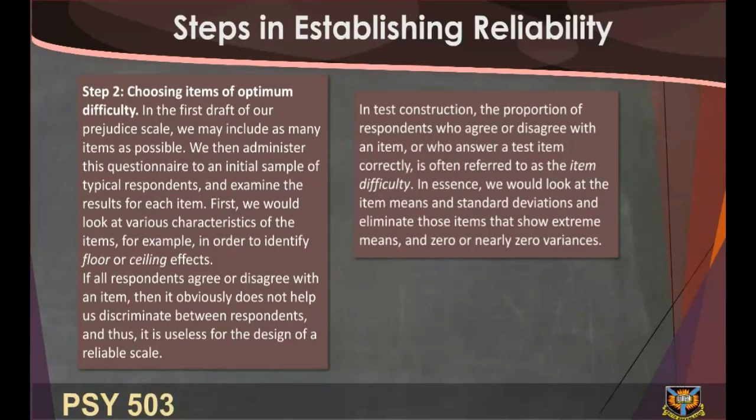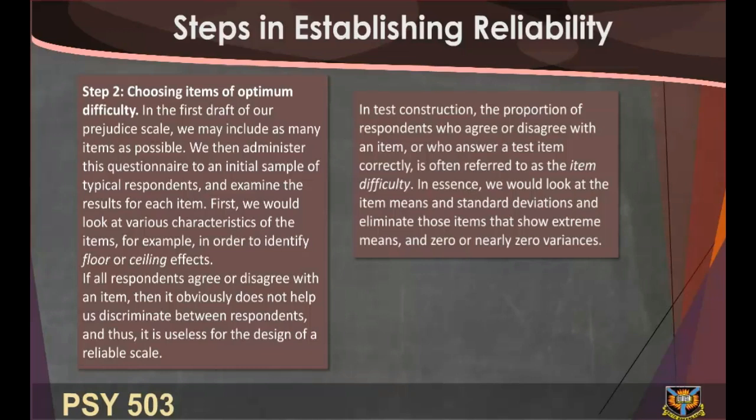Step 2. Choosing items of optimum difficulty. In the first draft of our prejudice scale, we may include as many items as possible. We then administer this questionnaire to an initial sample of typical respondents and examine the results for each item.